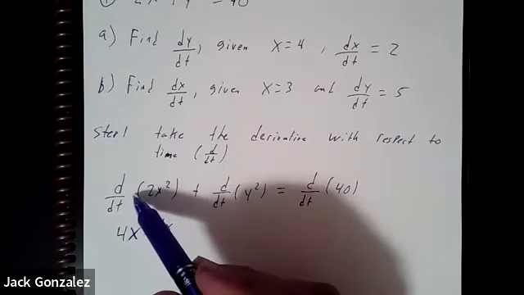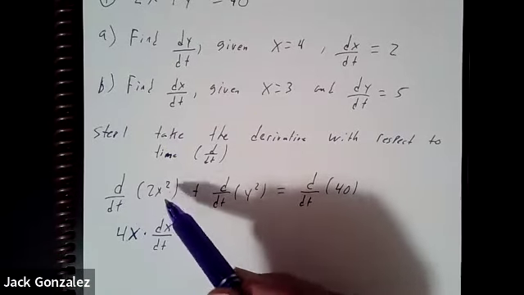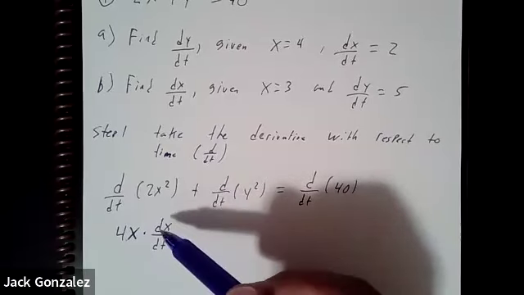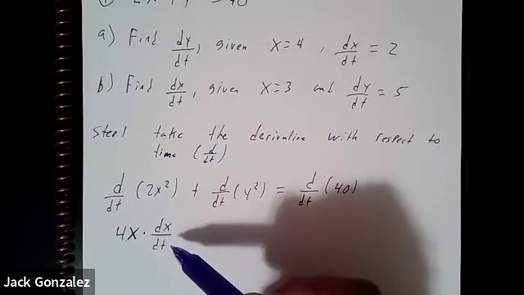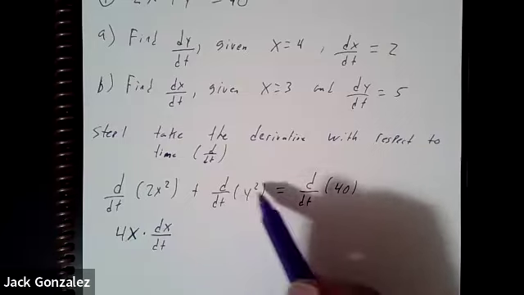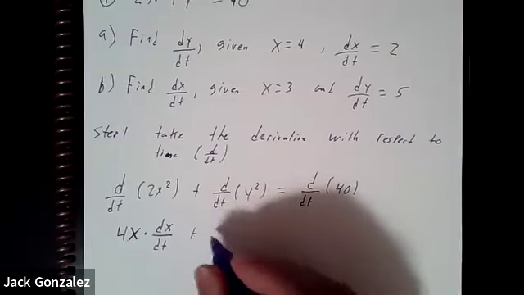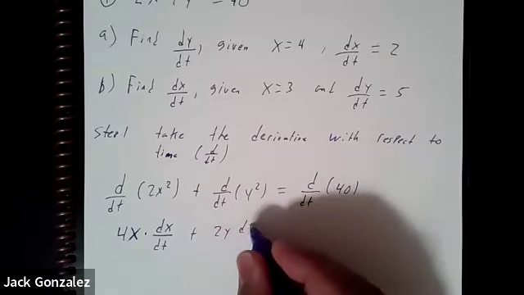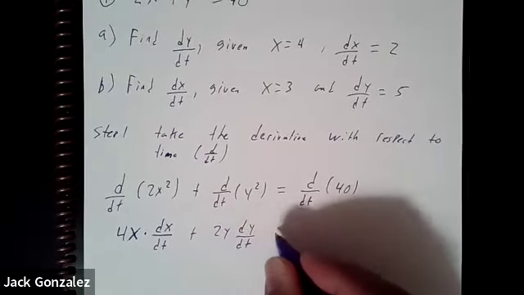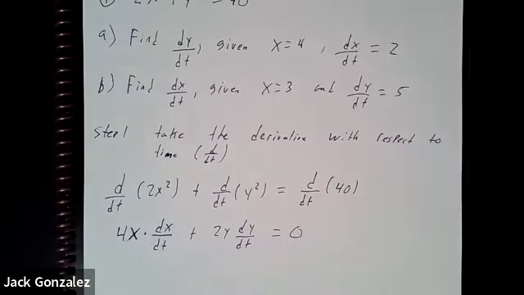Since it's no longer with respect to x, treat it like you would the y prime or dy/dt. And this would be treated the same, except it'll be with dt. See what I mean? dy/dt. Does that make sense?